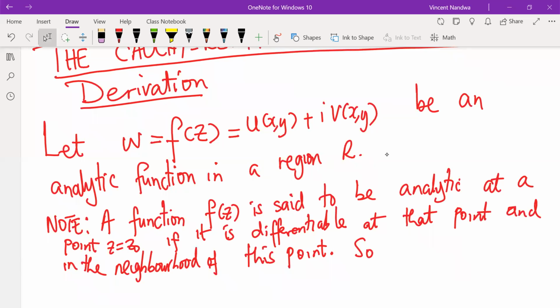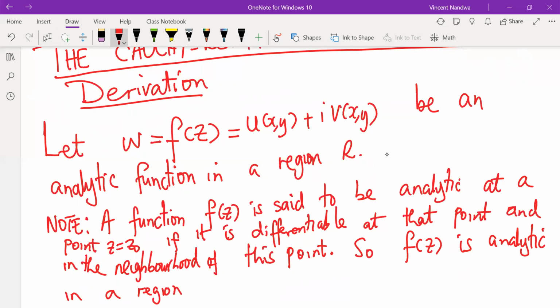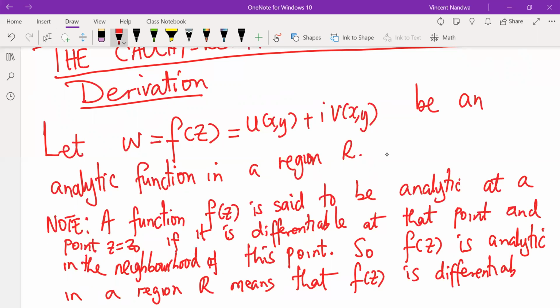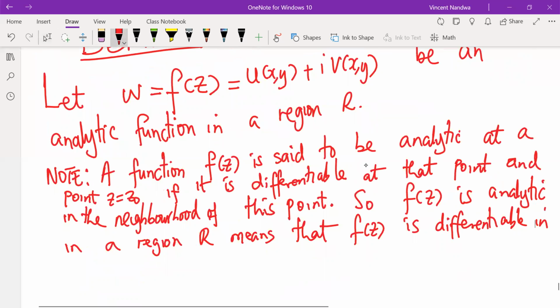So f of z is analytic in a region R means that f of z is differentiable in R, this region R.